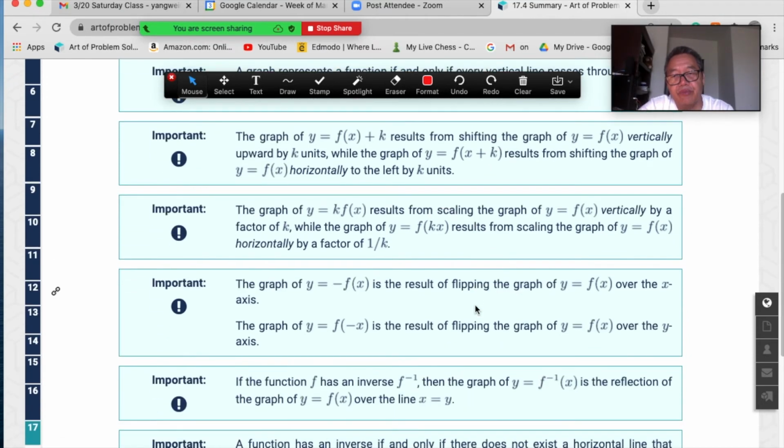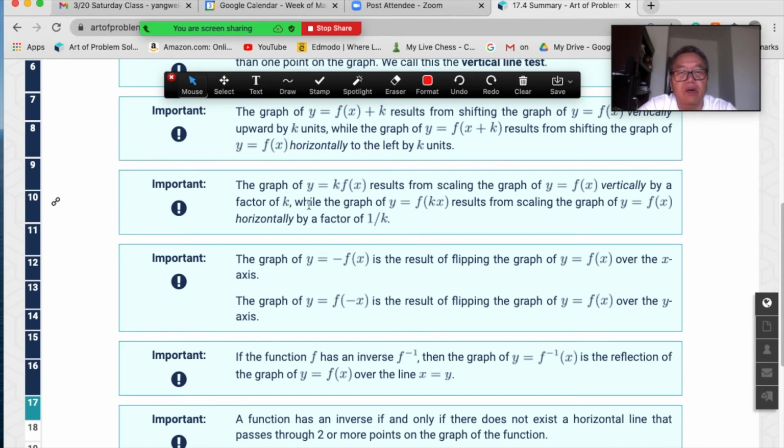Now, the graph of y equals k times f(x) results from scaling the graph of y equals f(x) vertically by a factor of k, while the graph of y equals f(kx) results from scaling the graph of y equals f(x) horizontally by a factor of 1 over k.